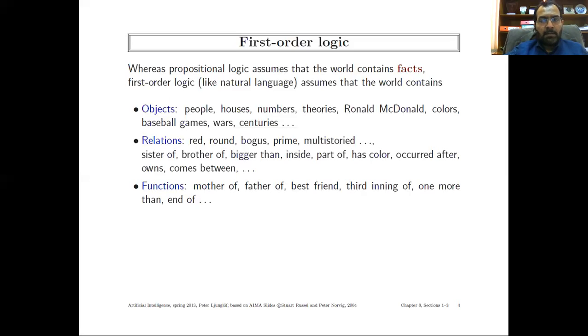The relation might take only one object, or it might take more than one object, depending on the situation. Let's take another example: Farooq is a brother of Babar. So Farooq and Babar are the objects, and what relation do they have?